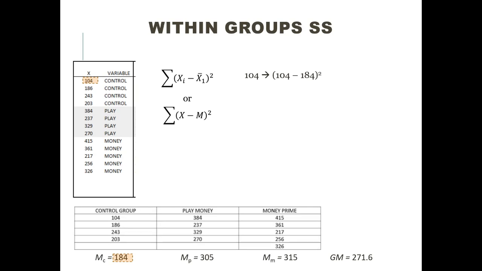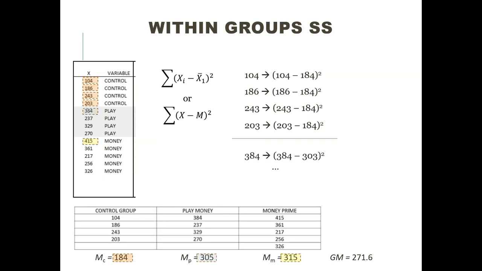So 104 minus 184, square that. For 186 minus 184, square that. 243 minus 184, square that. 203 minus 184, square that. Okay, so I do that one time for each of the data points in the control condition.